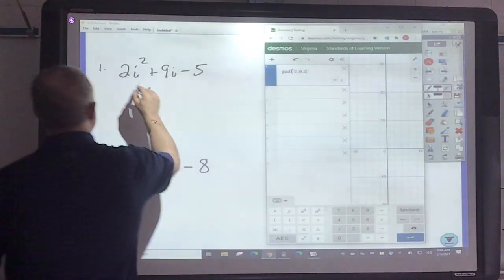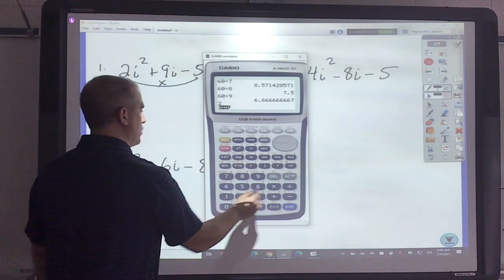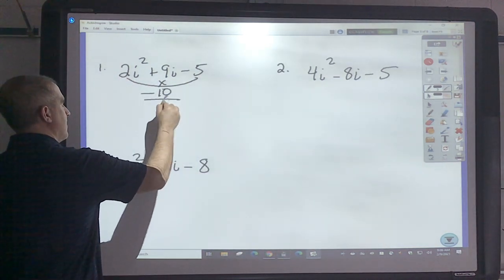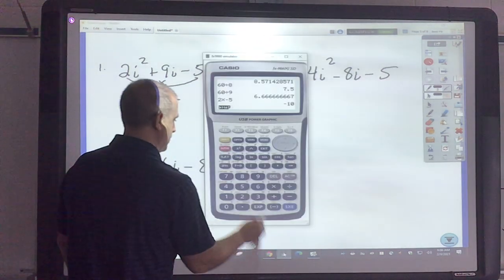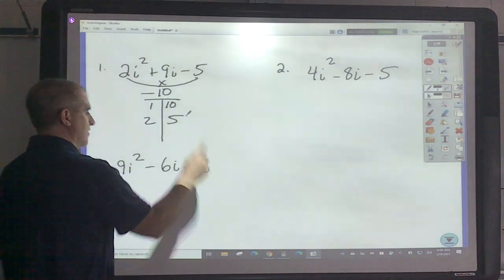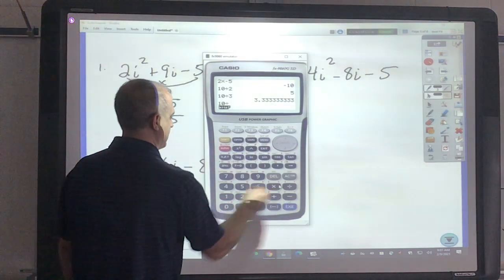Now you got to be careful here. When I multiply that, that's going to be 2 times negative 5, which gives me negative 10. Factors of negative 10, we know 1 and 10. Okay, let's try 10 divided by 2, 2 and 5. All you got to do is try 3, you got to try 4.